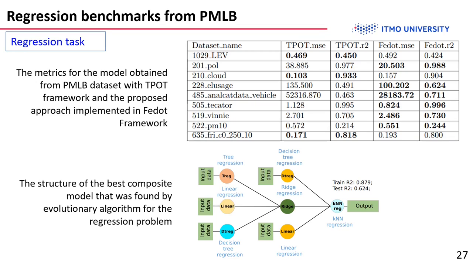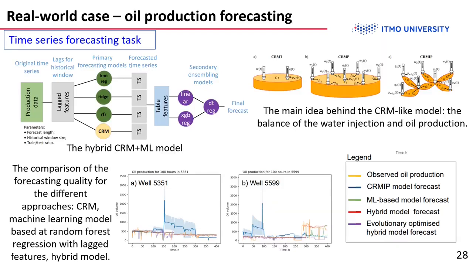As you can see, FEDOT allows us to obtain results competitive with the state-of-the-art TPOT. The typical example of an obtained model is presented below. It consists of 9 models organized in 3 levels, and this model also achieves quite good results.